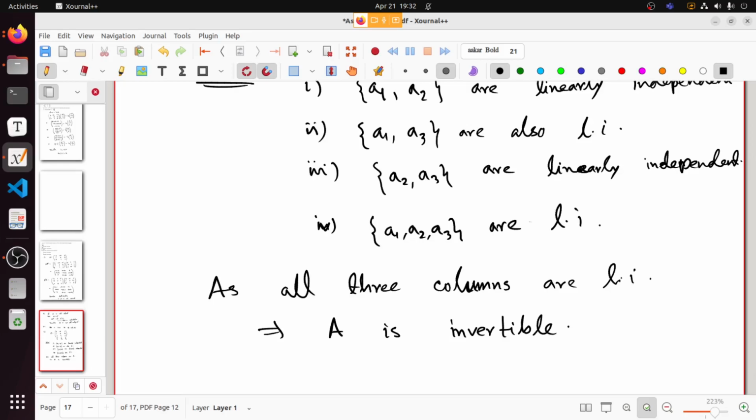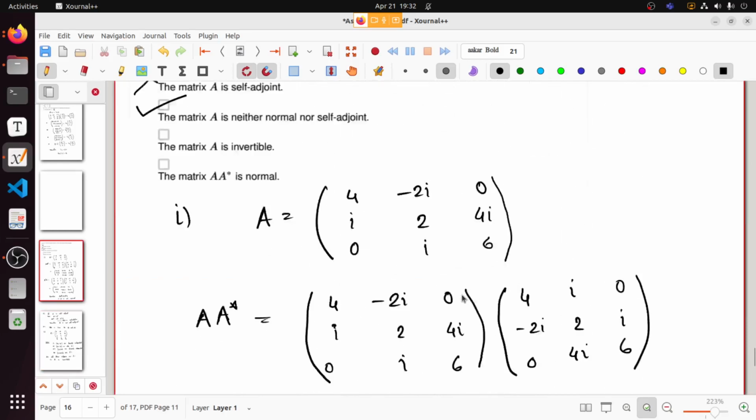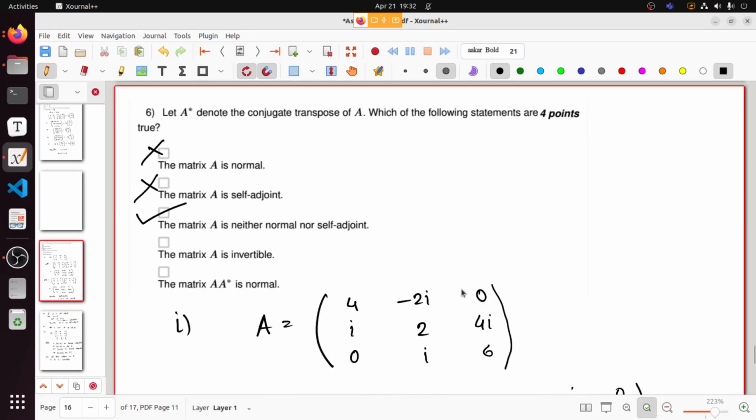Right, because if it is not invertible, then some column would be a linear combination of the other two. So the matrix is invertible. So option number 4 is correct.